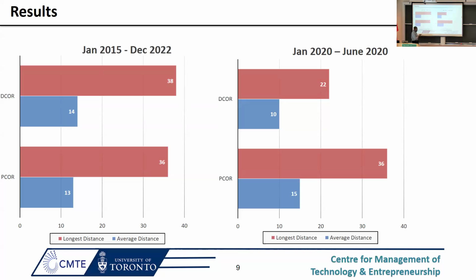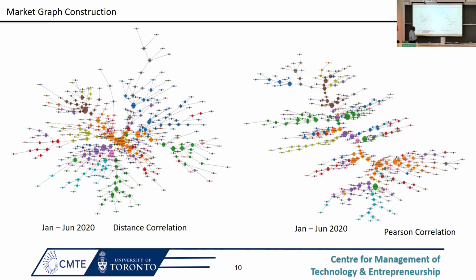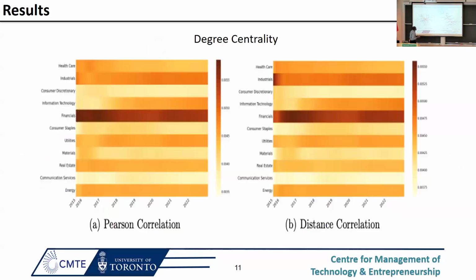This is the representation, whereby we see how the graph shrinks during the market crash, while there's really not much difference for the Pearson correlation. However, during the market crash, the sectors are not really defined as they were for the stable period.